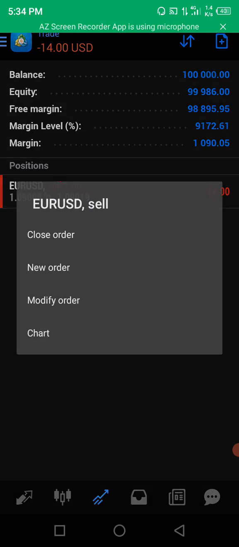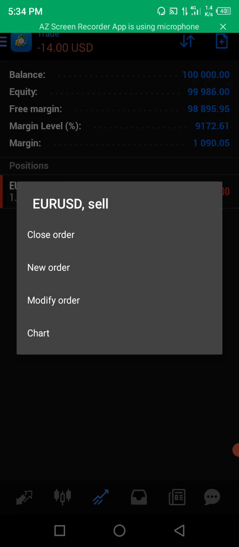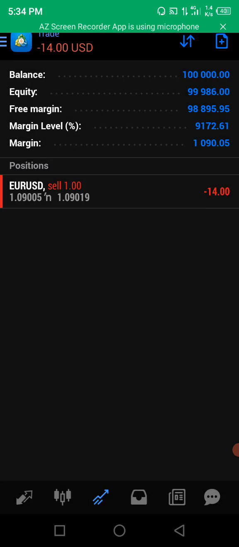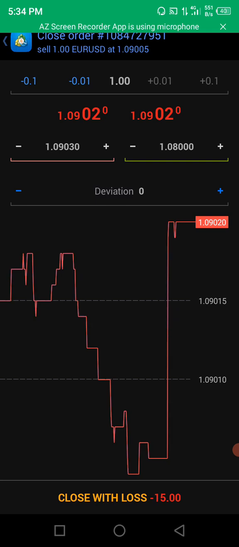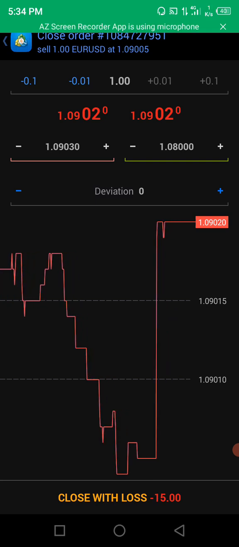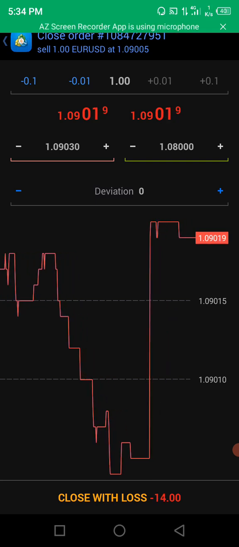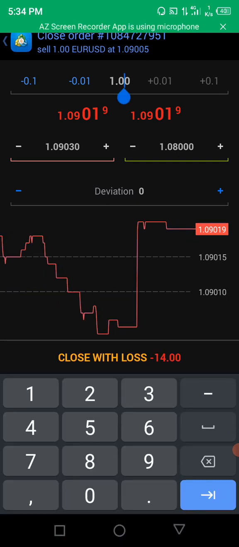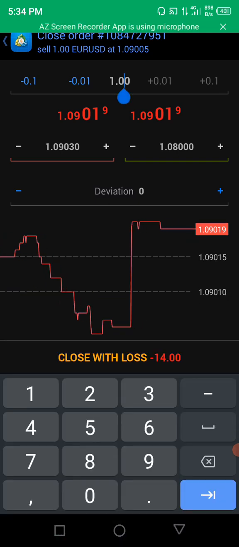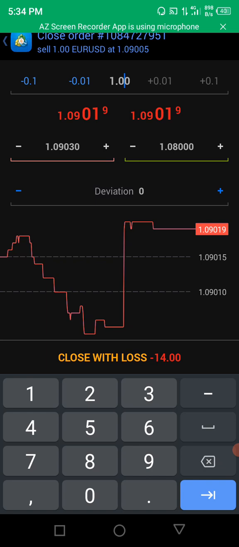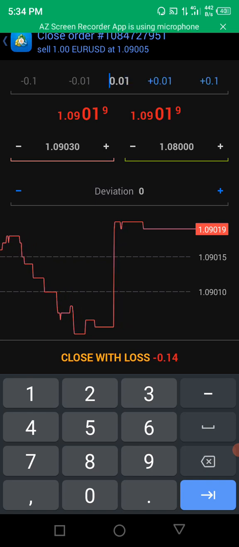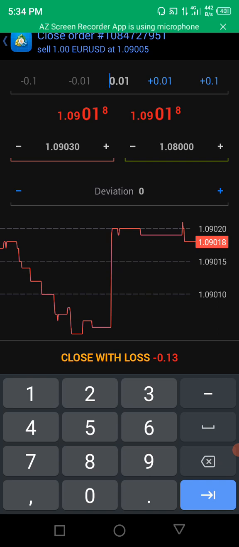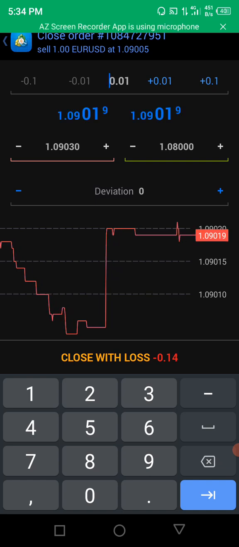So you just hold and then close order, and you reduce the number of lots you want to take out. Like this trade is running on one standard. So if we are in profit, we could say, okay, let us take out 50%.